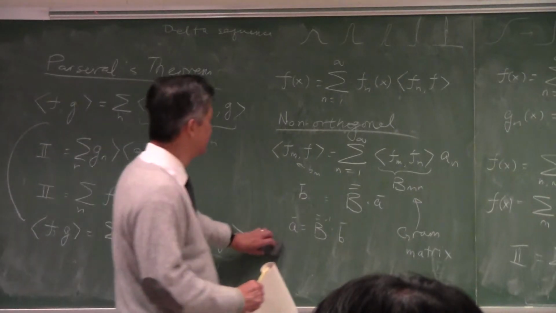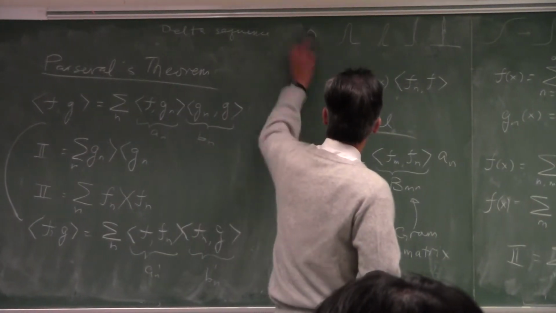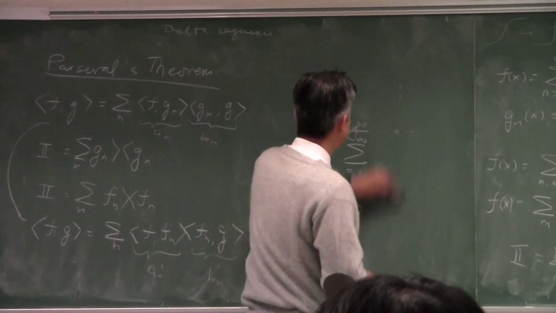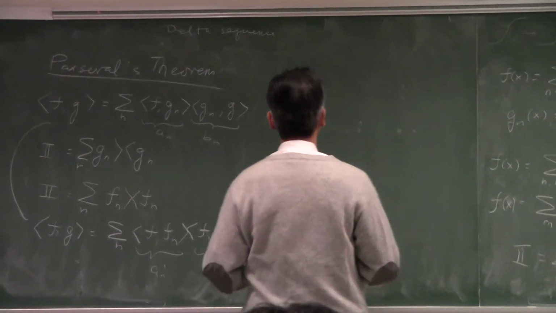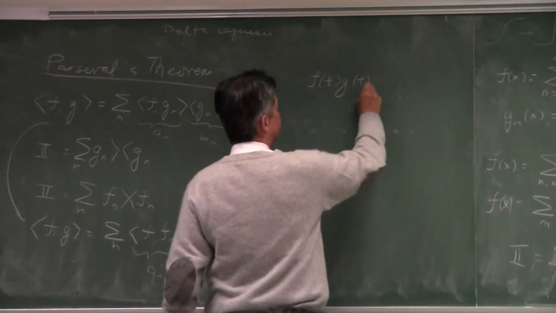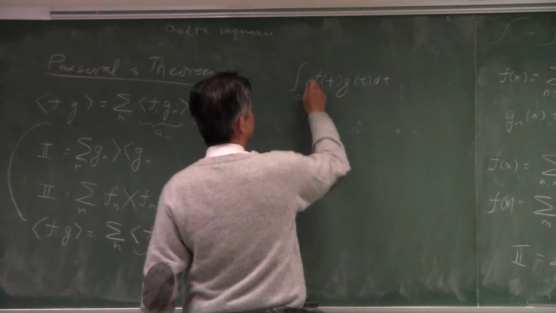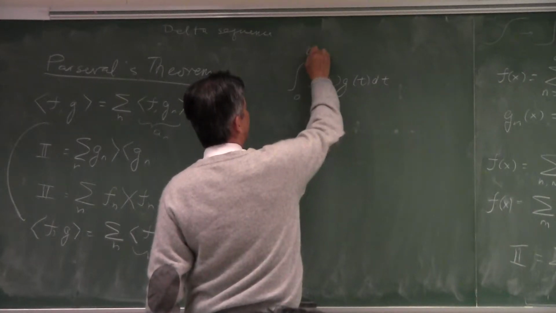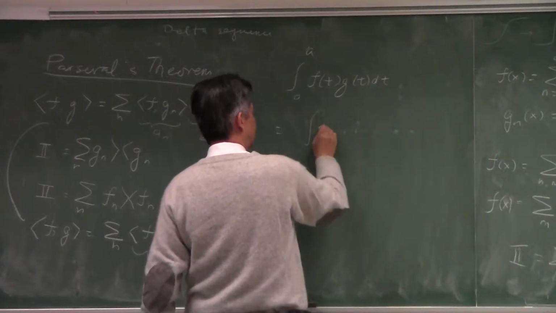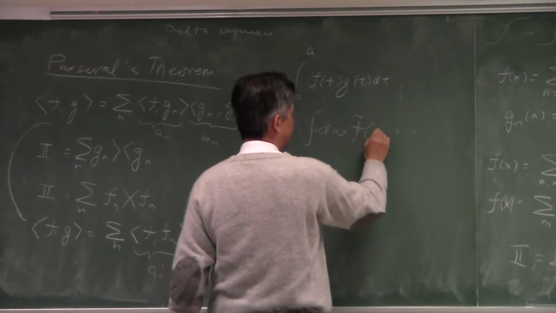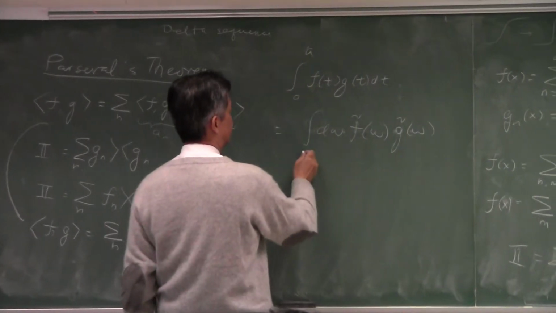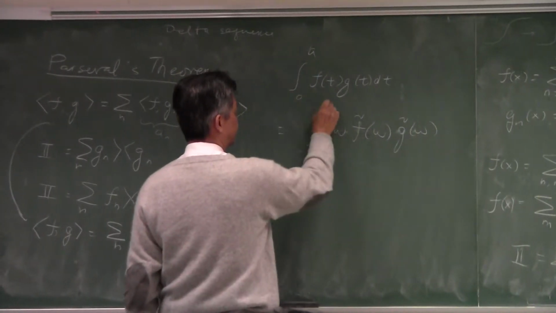And you might have seen this written differently in electrical engineering. So in electrical engineering, we might have something like the integral of F(t), G(t) dt from 0 to A is equal to maybe the integral of d omega, F tilde of omega, G tilde of omega, from minus infinity to infinity.